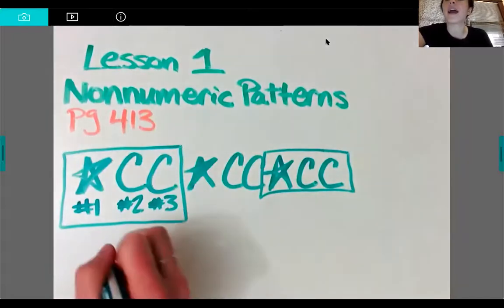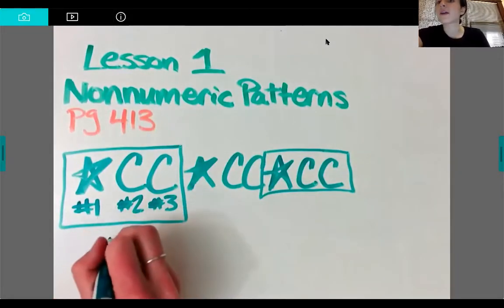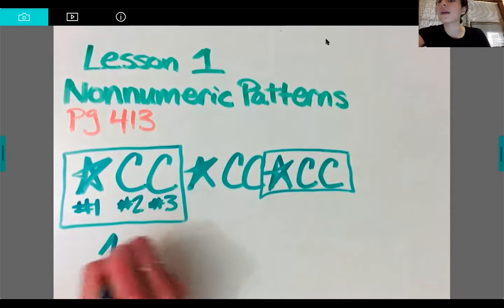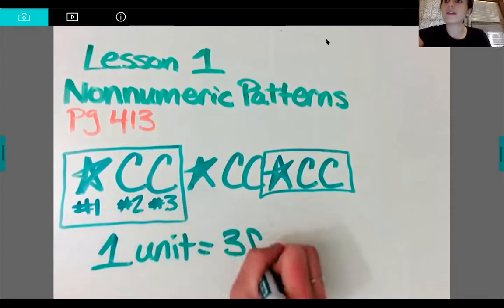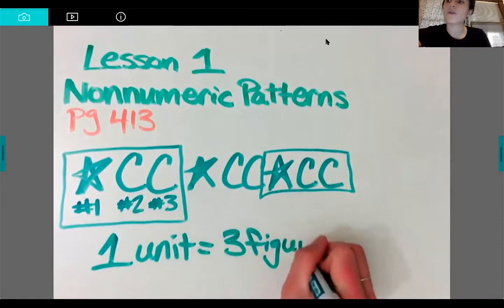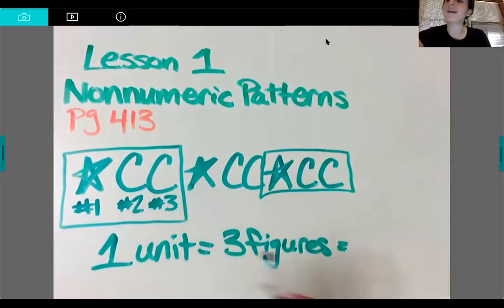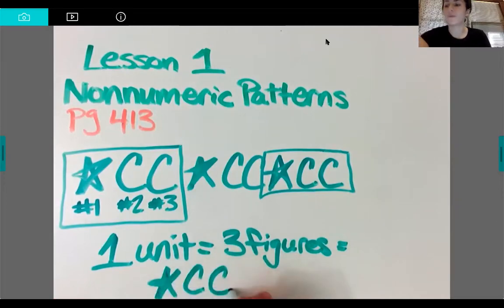So this pattern has 1 unit equals 3 figures, which in this pattern equals star, moon, moon. Okay, that's example 1. Let's move now into example 2.